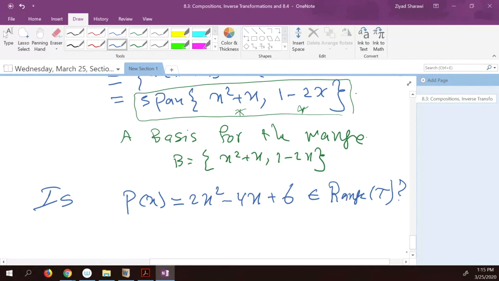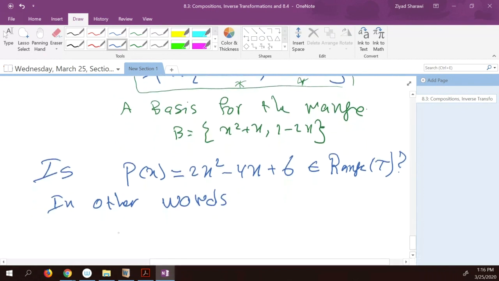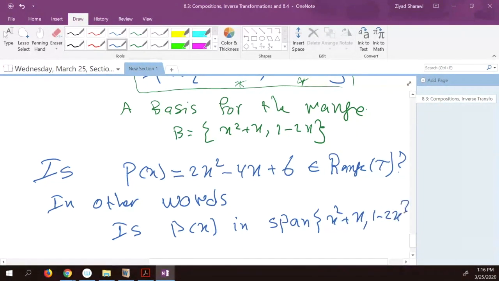So what is the question now? The question is exactly similar to one of the questions you had in your quiz number 4. Is, in other words, is p(x) in the span of x squared plus x, 1 minus 2x?